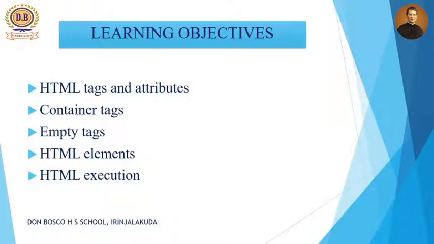After that we will discuss attributes: what is meant by an attribute, what the commonly used attributes are, and for what purpose we are using attributes. Then next we will discuss HTML elements, the essential or basic elements of an HTML document.